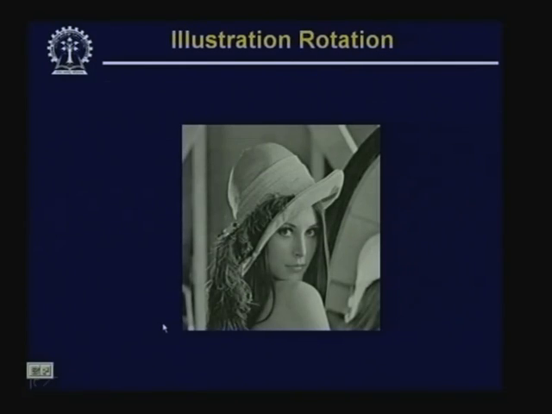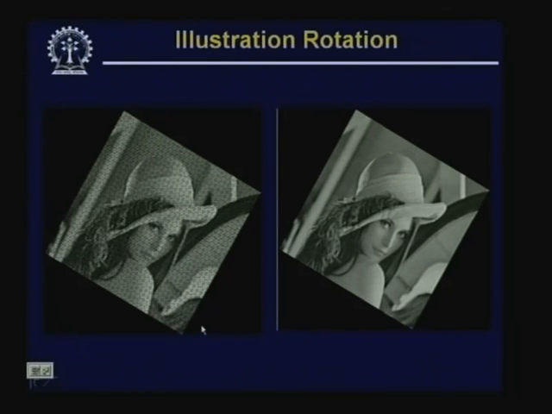The same experiment is also done in case of rotation. This particular image has been rotated by 30 degrees, and if I do not apply any interpolation, the rotated image is shown on the left hand side.